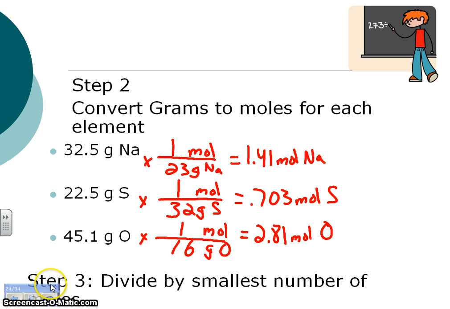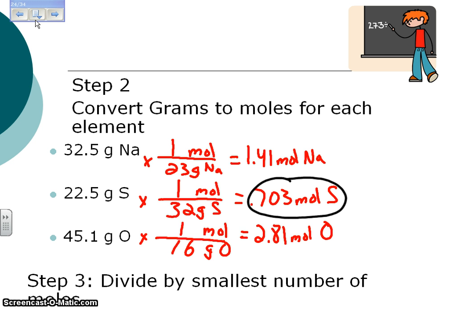Step 3. Step 3 asks us to divide by the smallest number of moles. Well, in this case, the smallest number of moles is 0.703 moles of sulfur. So we're going to divide each of these moles by 0.703.